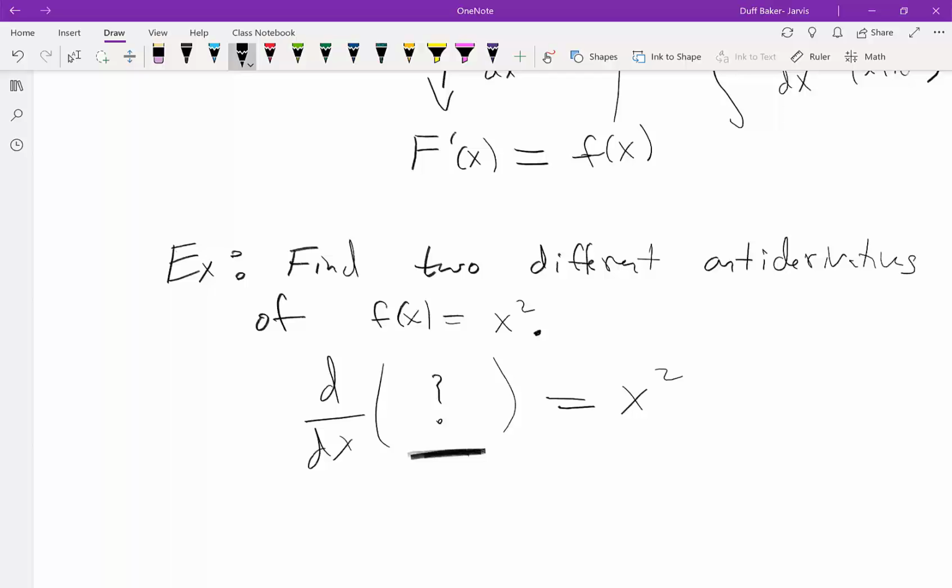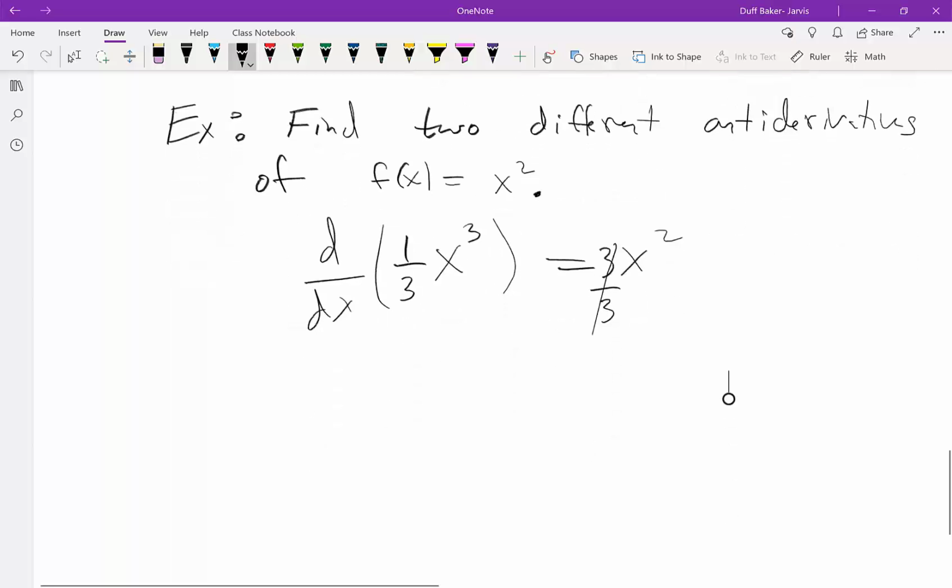So if you think about it, because we want to end up with an x squared, we have to start with x cubed and then possibly times something, right? So we might first try x cubed, but if I did this, then I would end up with a 3 here, right? So to fix that, I put an extra third here, and then these go away.